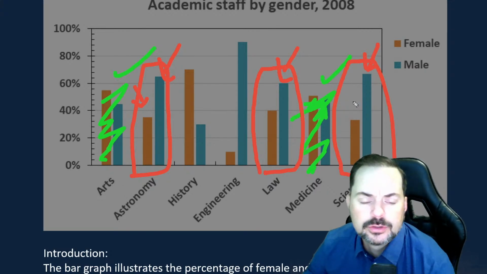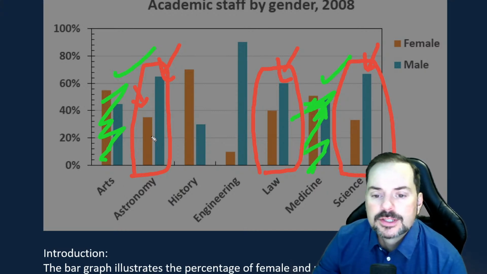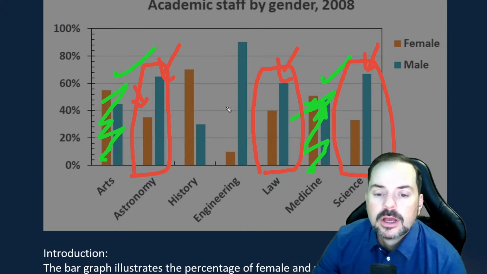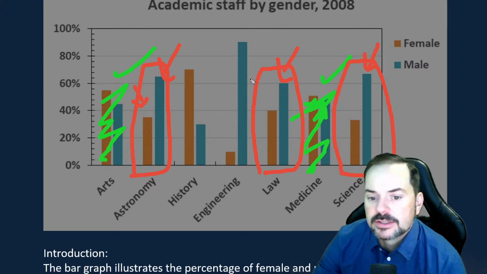Now, this is a question, members. Do I want to write, in astronomy, law, and science, there are significantly more men than women staff. In astronomy, women are at 35%, while men are at 65%. In law, women are at 40%, and men are at 60%.